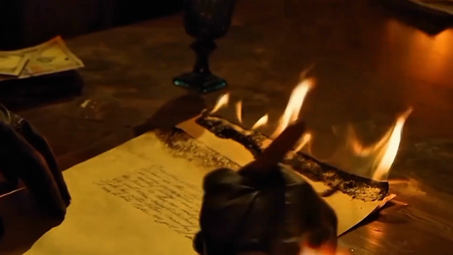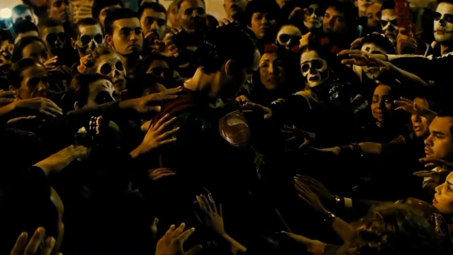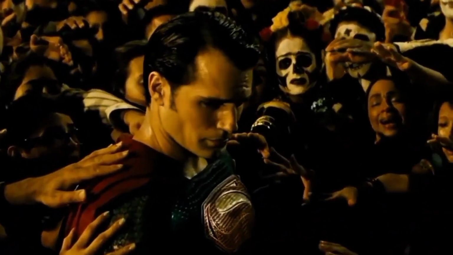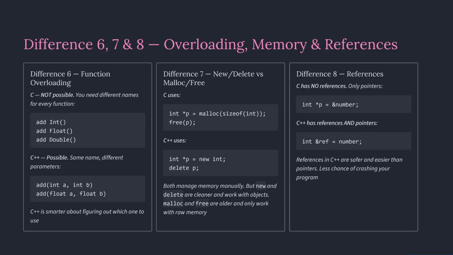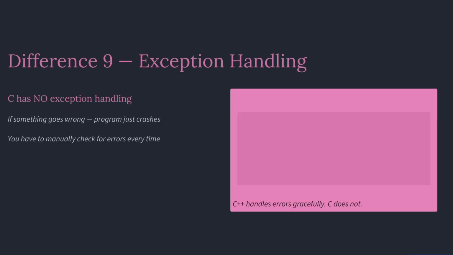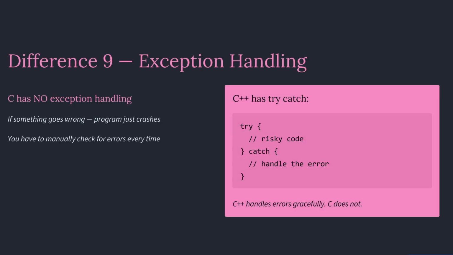And talking about errors, that is a very annoying thing in coding. In C, if you make any error in the program, it crashes. That's it, game over. You have to manually check what went wrong and where the possible error could be. But C++ introduced try and catch.